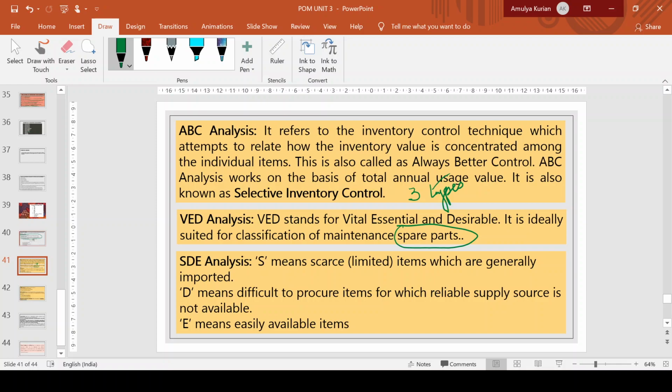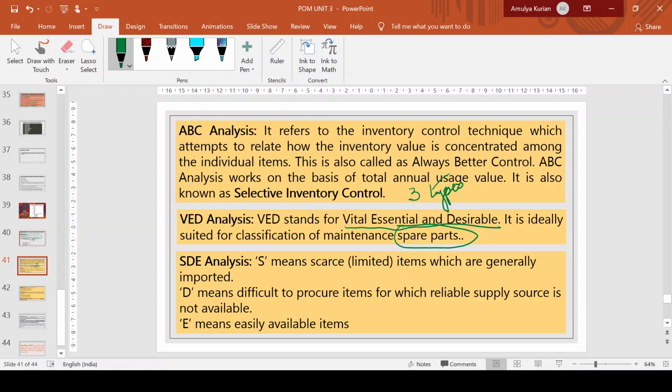VED is an analysis done for spare parts, and VED stands for vital, essential, desirable. It is ideally suited for classification of maintenance spare parts. It broadly classifies the items into three: vital, essential and desirable.